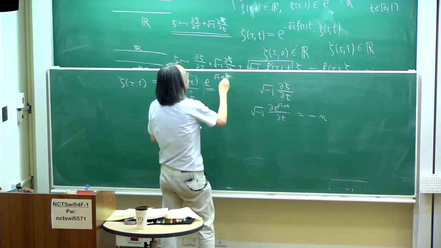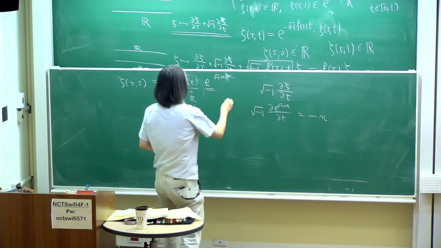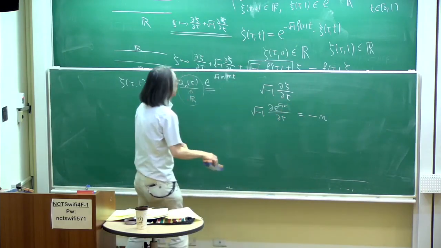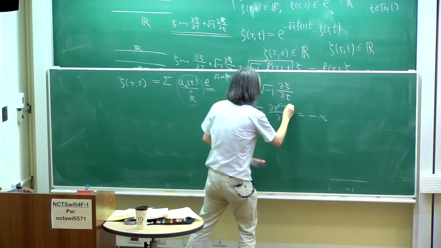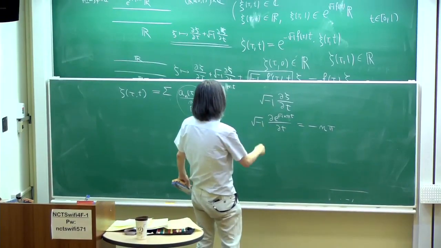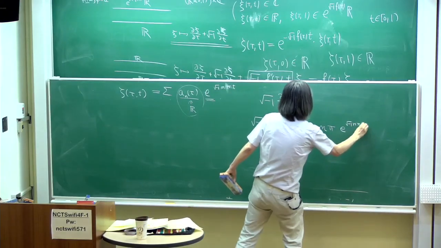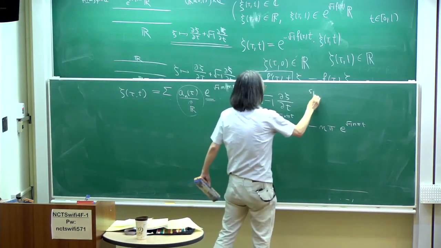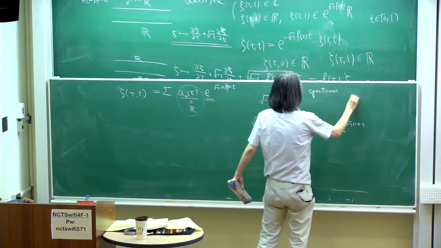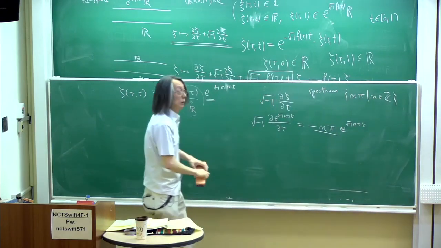Pi must be somewhere. But anyway, here must be pi t. And so here I have n pi t. So therefore, this is minus n pi of e to the square root minus 1 of n pi t, right? So therefore, the spectrum of this operator is just n pi, where n is an integer. Okay?